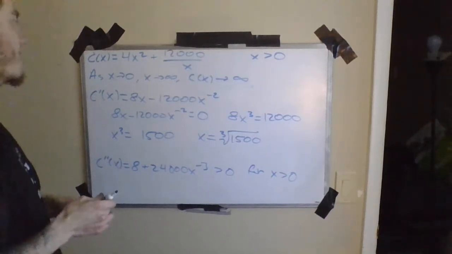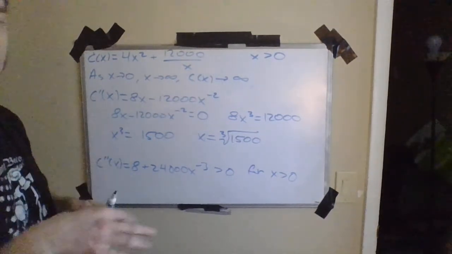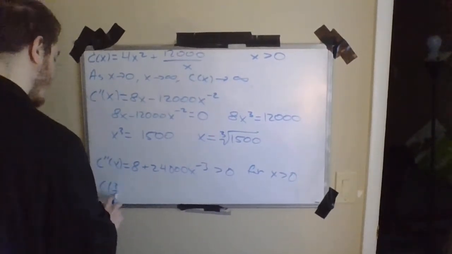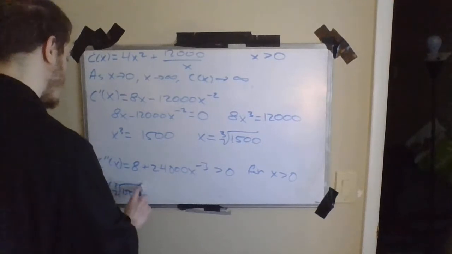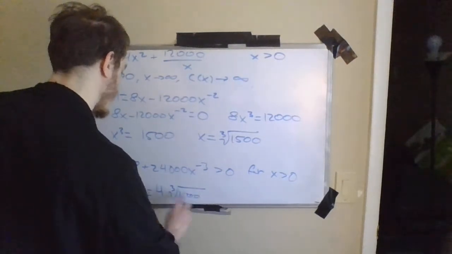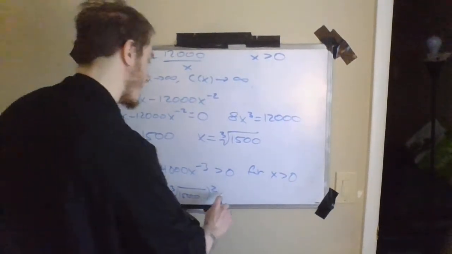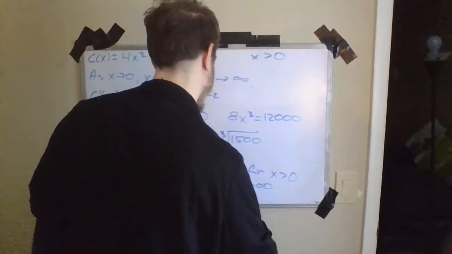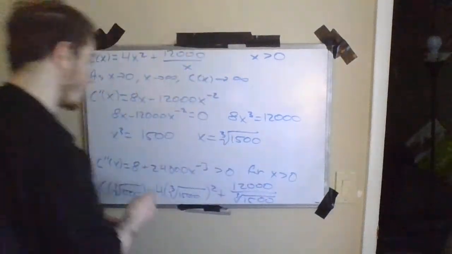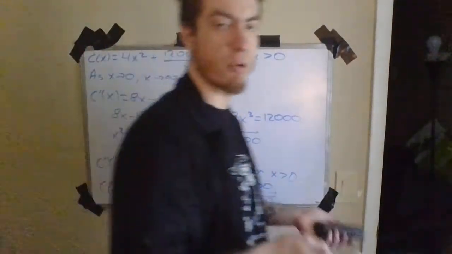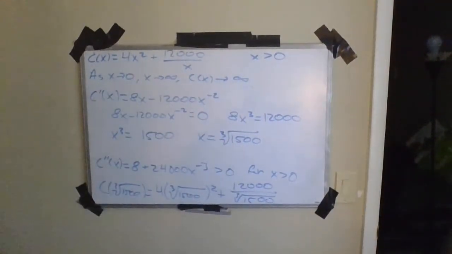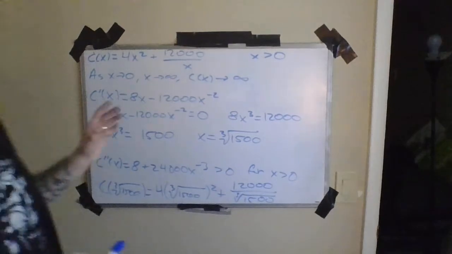So the cost evaluated at the cube root of 1,500 is going to be 4 times the cube root of 1,500 squared plus 12,000 divided by the cube root of 1,500. I will leave it to you to throw that into a calculator, because at this point it's really just a matter of getting an estimate. So there we go, another example of doing this optimization stuff.